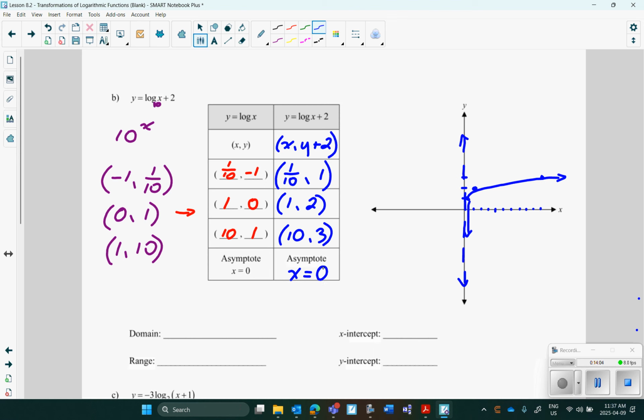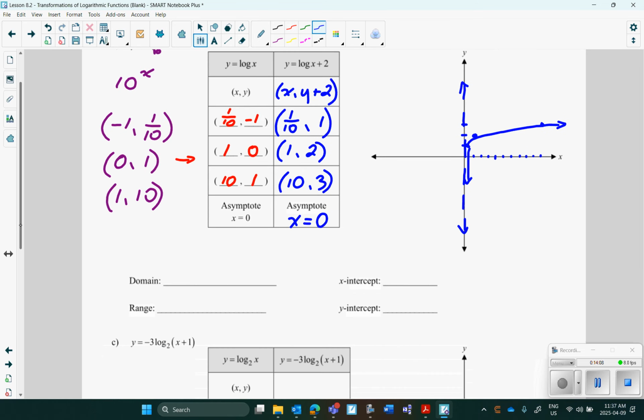Domain? 0 to infinity, with a parenthesis around 0, because it does start at 0, but doesn't include 0, but really close. Range, everything again.